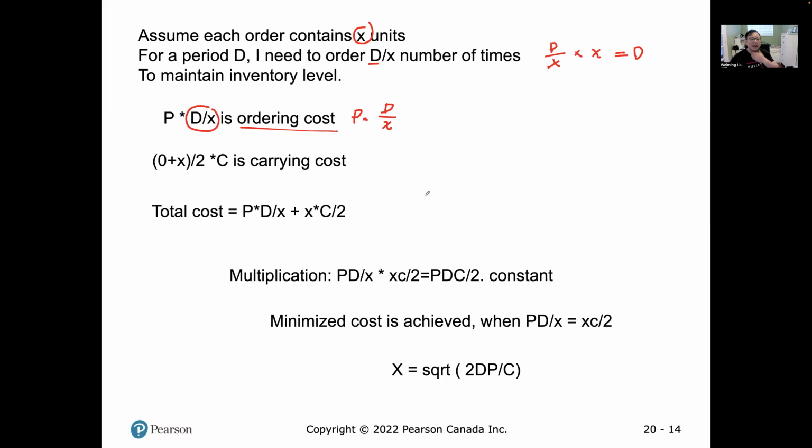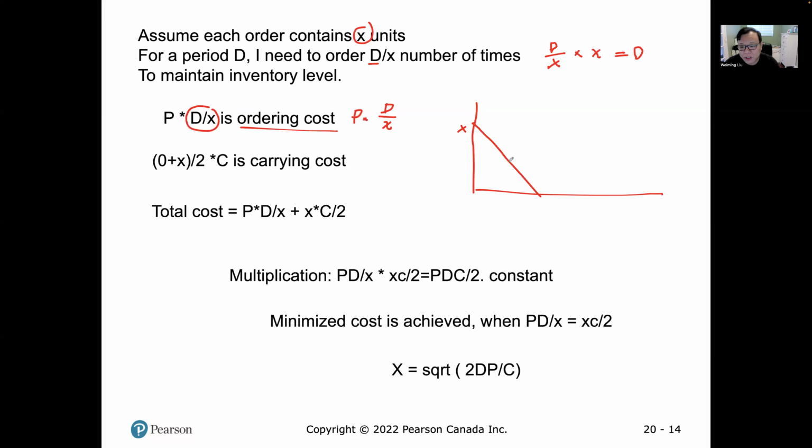And then what's the carrying cost? This is your picture. Suppose in the beginning, you have X, and then you sell it, and the inventory declines.